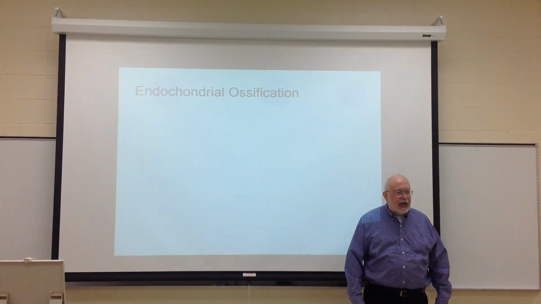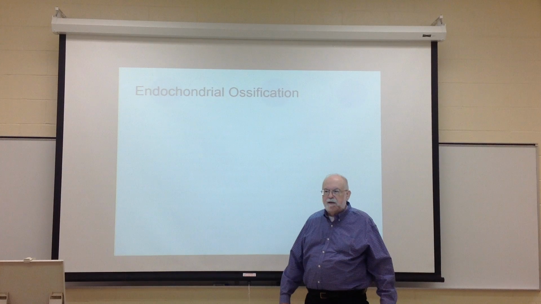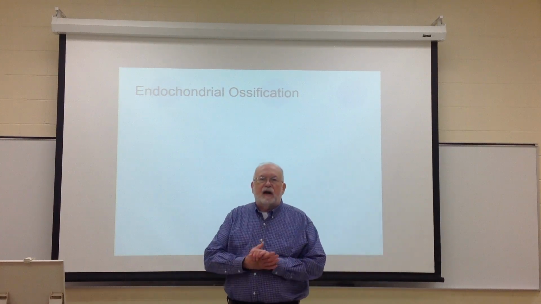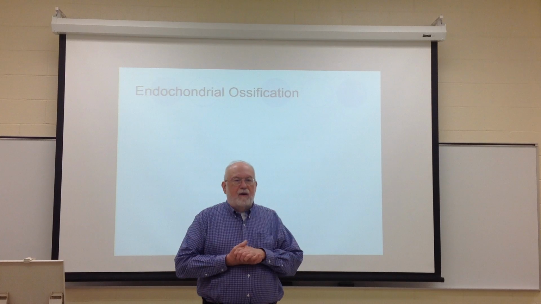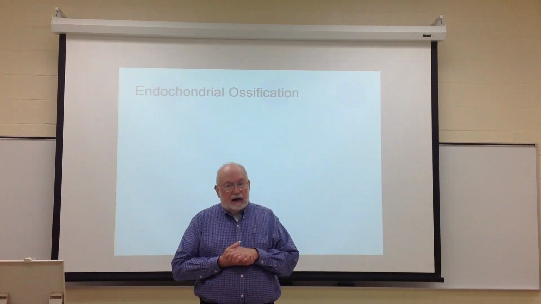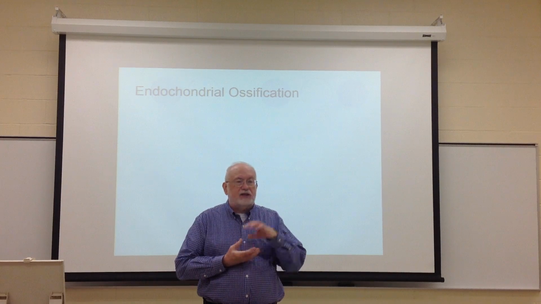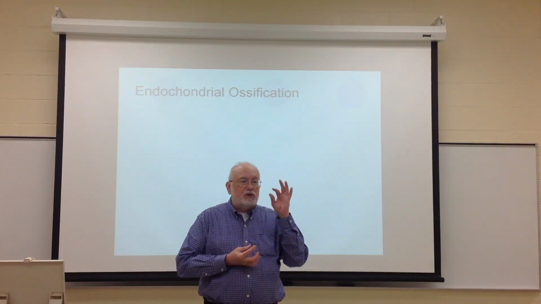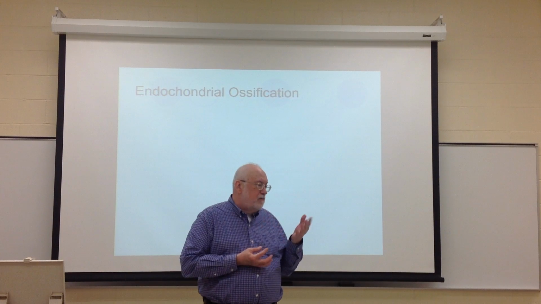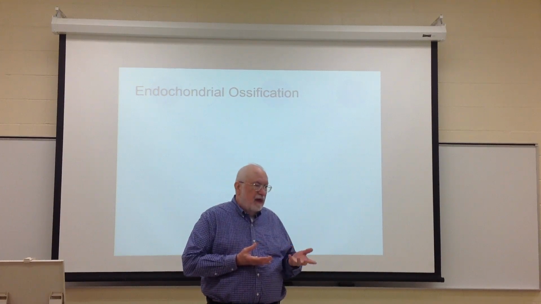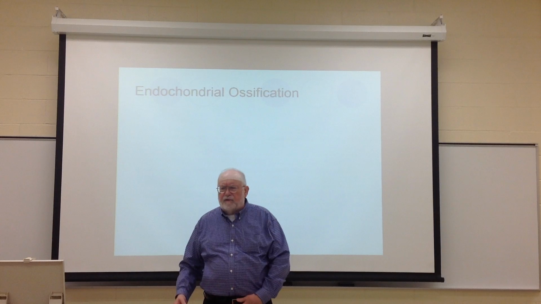And I think we mentioned that the last time, right? Well, what is a cartilage model? Well, it's a piece of hyaline cartilage that is in the proper location and has the shape and the proportional size for the bone that will eventually go there. Now, where did the cartilage come from, I wonder?